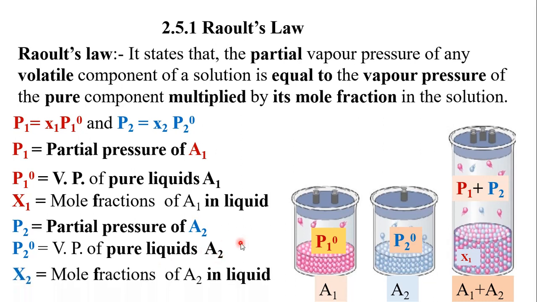And X2 is the mole fraction, not the number of moles, of A2 in the liquid. So in the solution, X1 moles of A1 and X2 moles of A2 are present, and both components have a tendency to vaporize. The vapors above this liquid contain vapor state molecules of A1 as well as of A2.